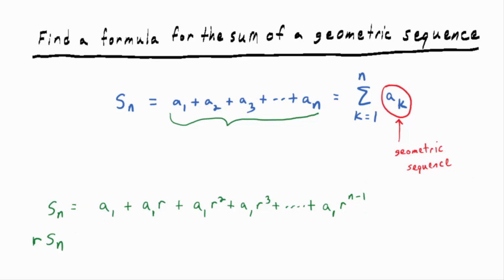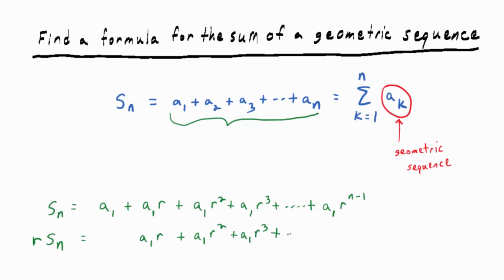So it becomes A1 times R. Now I'm going to slide that over and line it up with its like term. Then I multiply A1 times R times another R, I get A1 R squared. Then I multiply A1 R squared by R, I get A1 R cubed. I'm just lining up like terms.